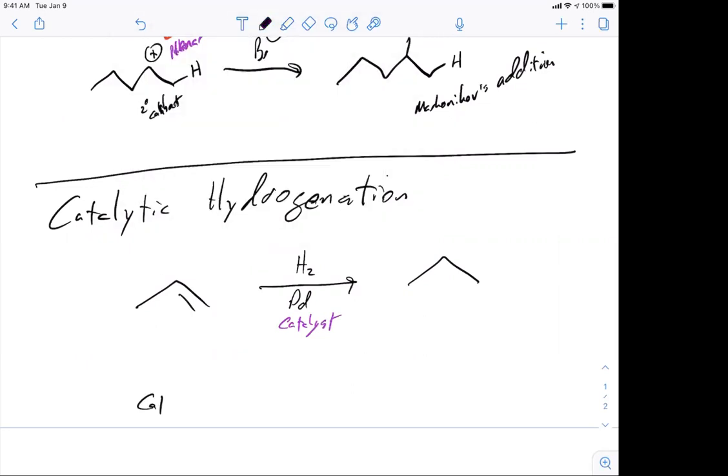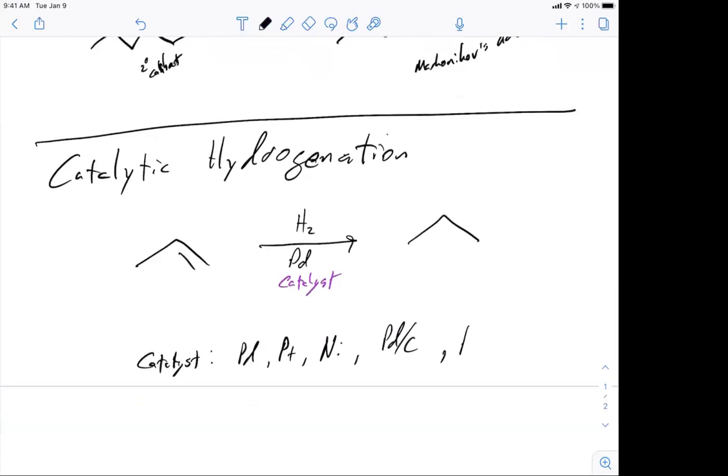So you can have palladium, platinum, nickel works. Often the palladium is on carbon, so you'll see something like this. What they do is they coat carbon with it. There's platinum oxide, sometimes you'll see that as well. But you'll notice that the main component you're watching for are these three metals, right? So these three metals are the ones that will get you to the product, at least in this.